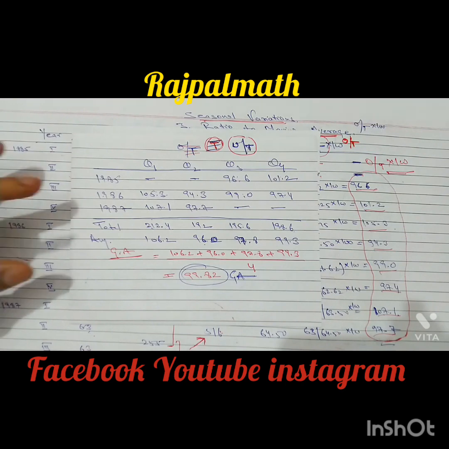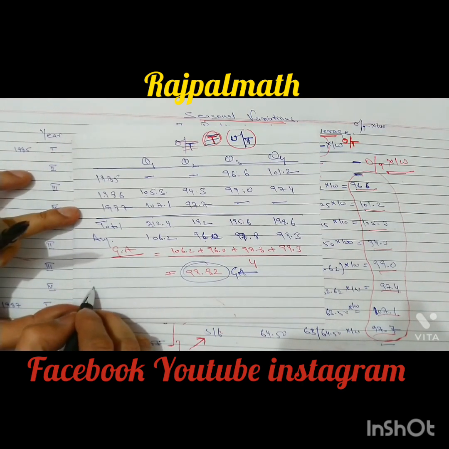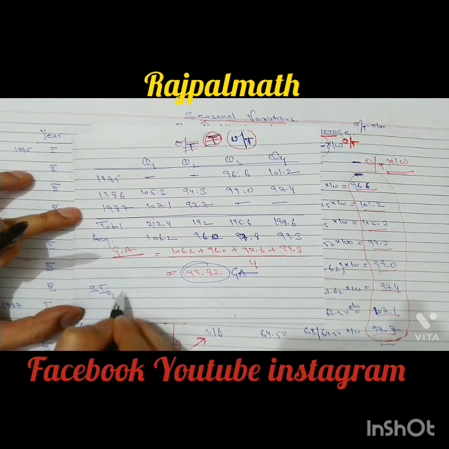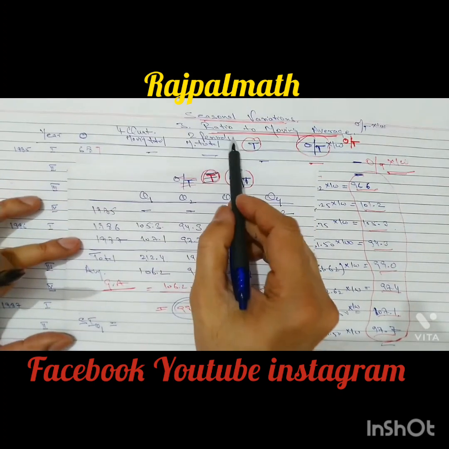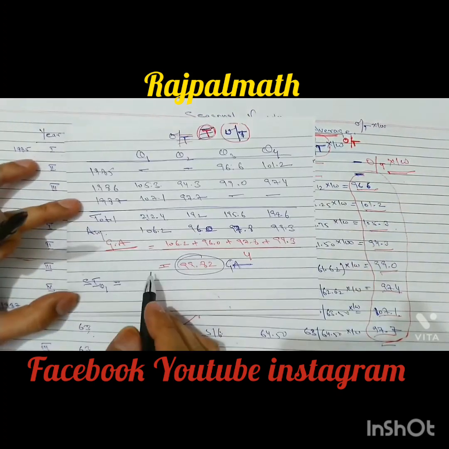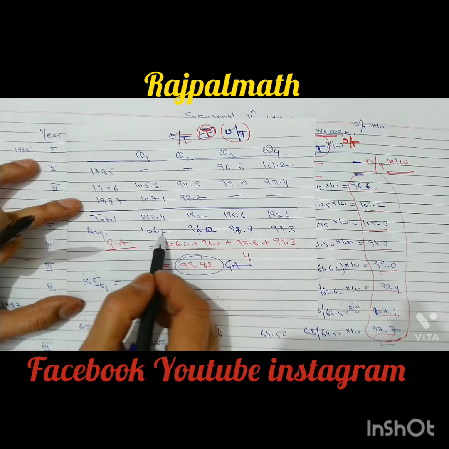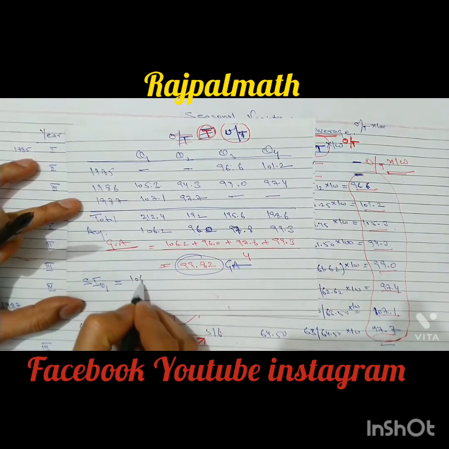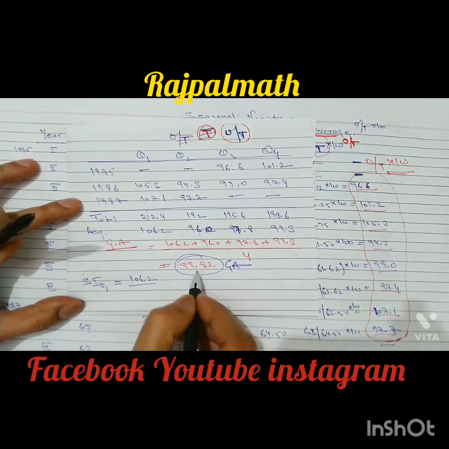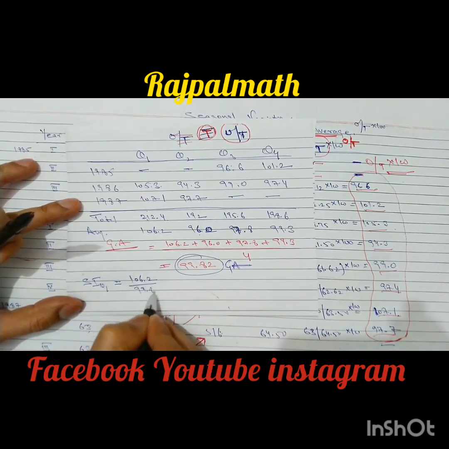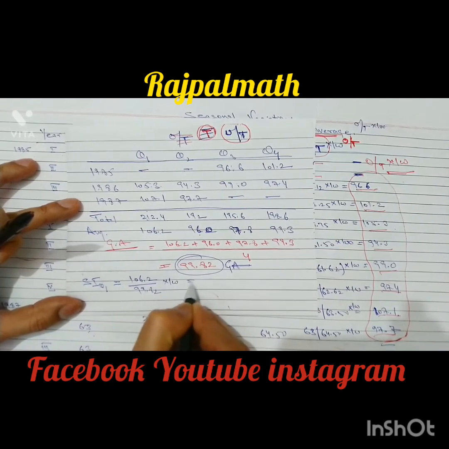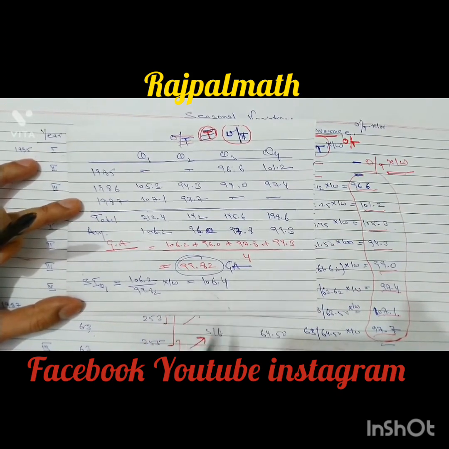Now the seasonal index for quarter 1 by the method of ratio to moving average is the quarterly average, 106.2, divided by the grand average, 99.82, into 100, which comes out to be 106.4.